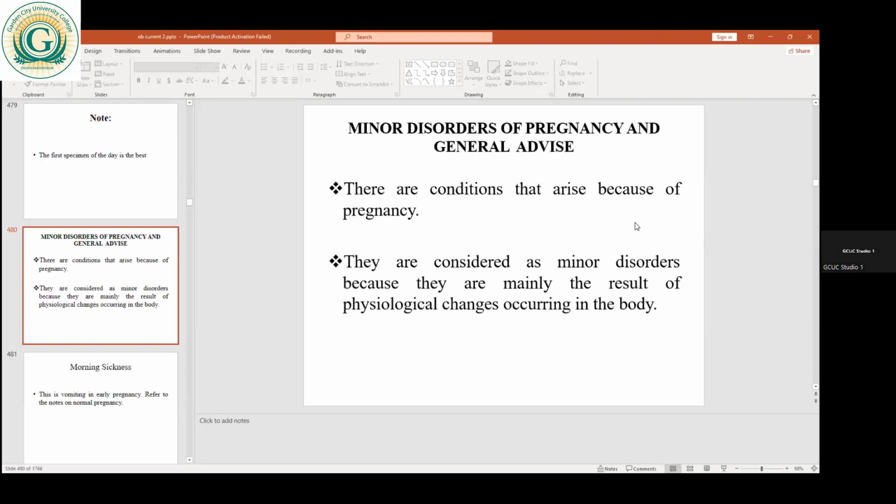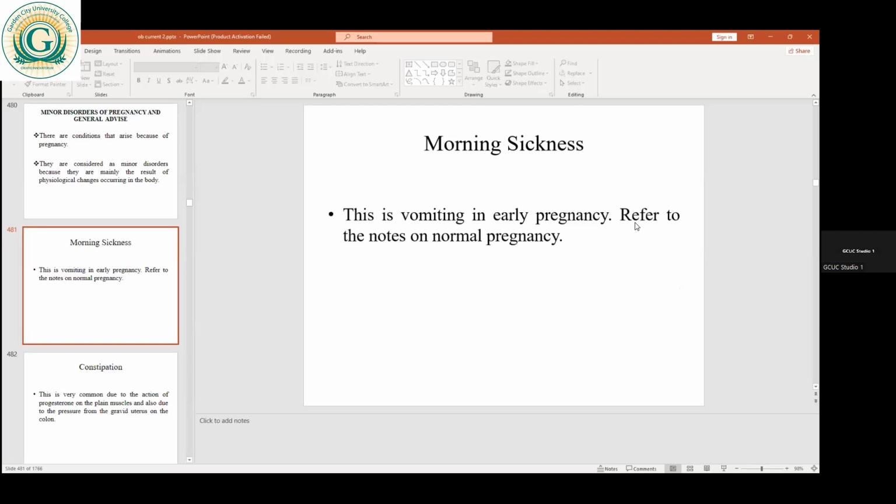These are the minor disorders which will send the woman to the hospital, or will send the woman asking questions. So the first one is morning sickness. Normally, you don't get up in the morning and vomit. So when the woman gets pregnant and she gets up in the morning vomiting, it's a concern for her.